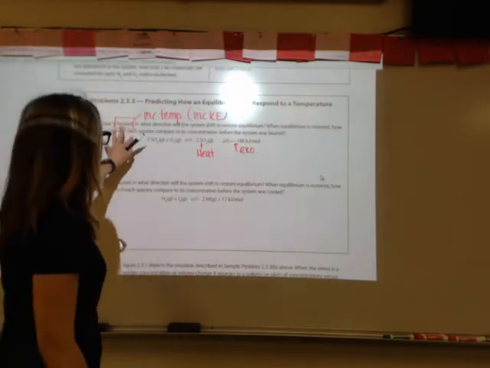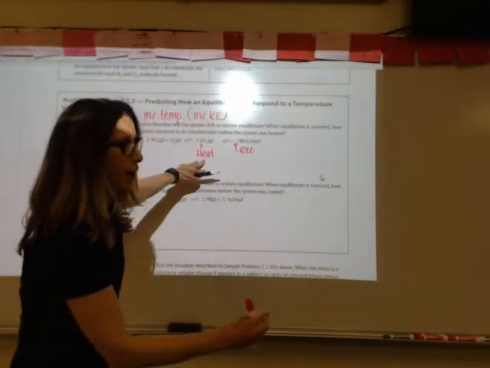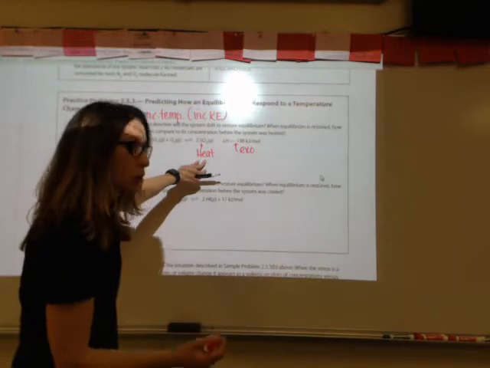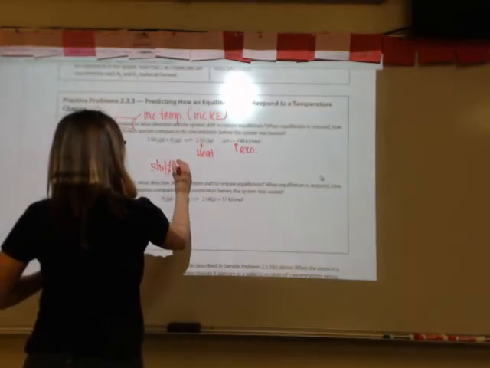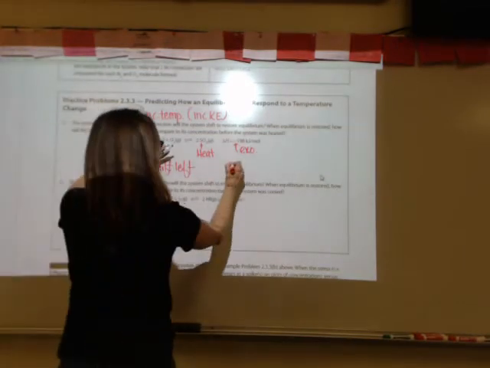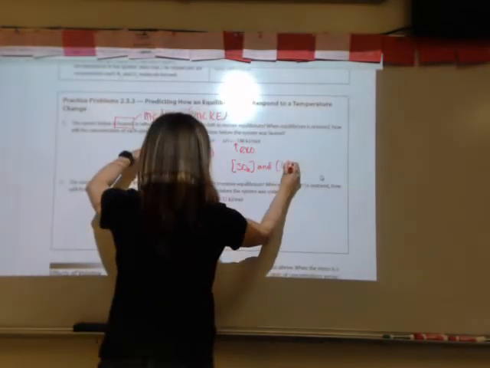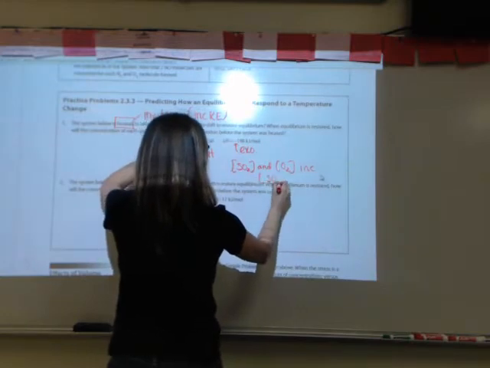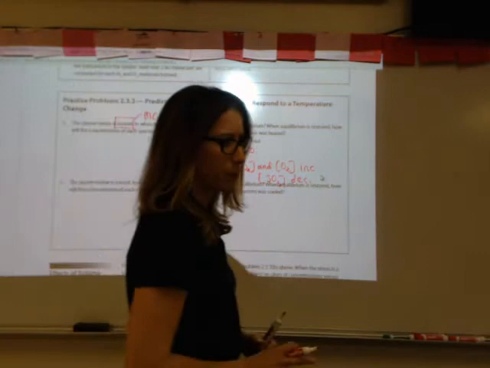So if I'm heating an exothermic reaction and heat is a product, I need to consume some of that added heat to help me get back to equilibrium. That means I'm going to shift to the left. And when I do that, the concentration of SO2 and O2 are going to increase, and the concentration of SO3 will decrease.